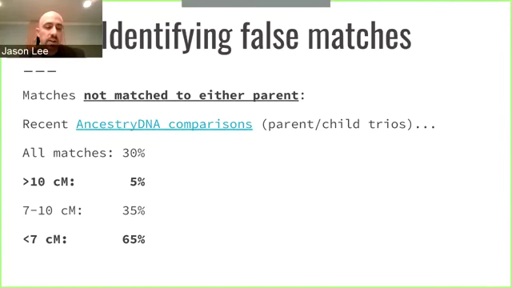And things are better in the 7 to 10 centimorgan range, but still a fairly significant rate of matches who are not matched to either parent. At the level greater than 10 centimorgans it's looking significantly better, but still 5% at that range will be matches that don't match either parent. And we can debate what this means. There are some subtleties here that we should take into consideration, but I think the basic lesson here is that we have to be careful with the small centimorgan matches.